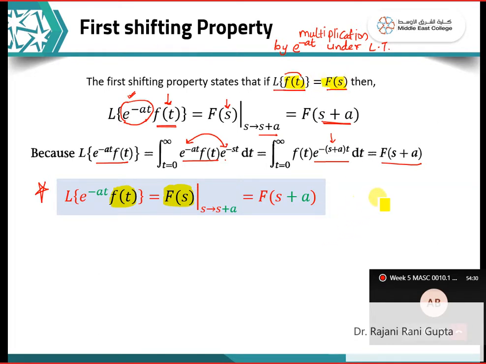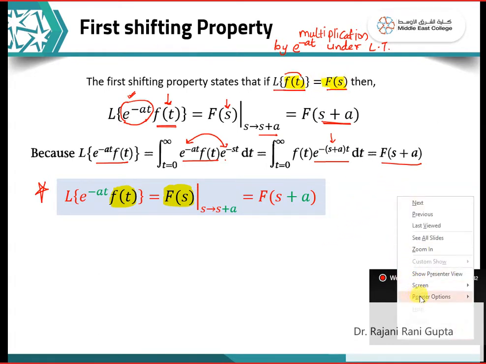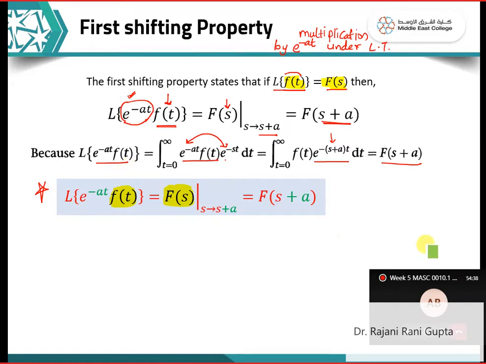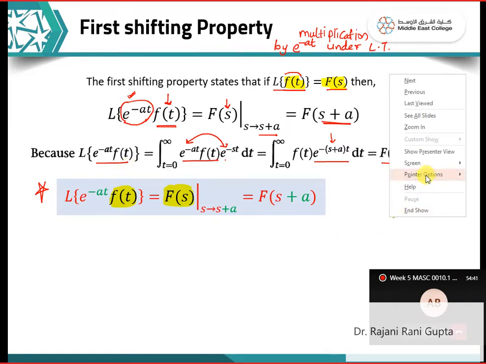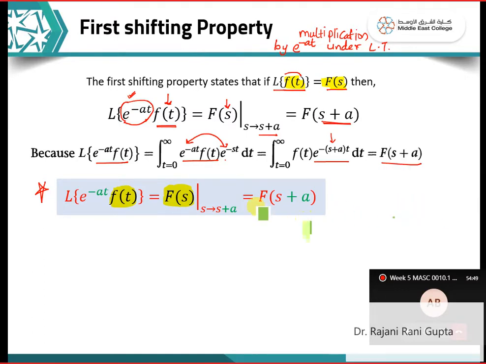And then you have the next term in multiplication, which is e power minus at. What are we going to do with that? If it is minus a, we change the value of s to s plus a.